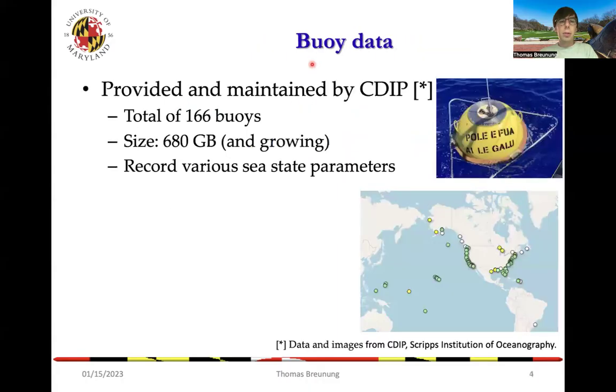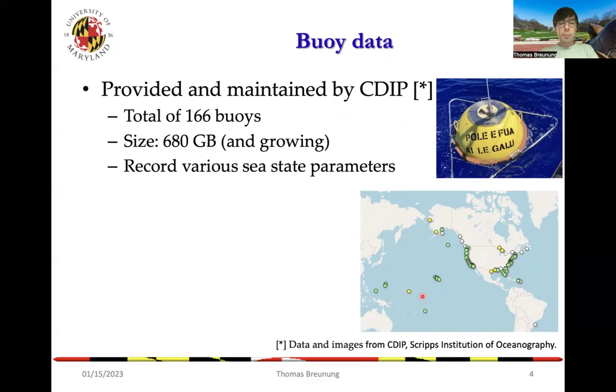We found useful data provided by the CDIP, a program run by the Scripps Institution of Oceanography in San Diego. They provide data from a buoy network of overall more than 160 buoys, primarily located at the shores of the continental US, West Coast and East Coast, but we also see some buoys in the Pacific.